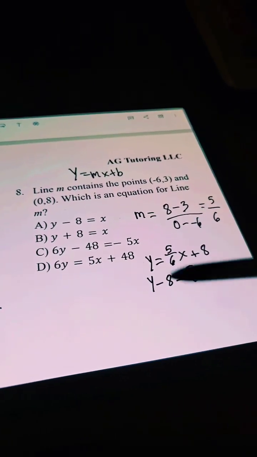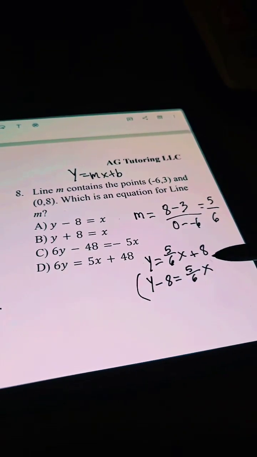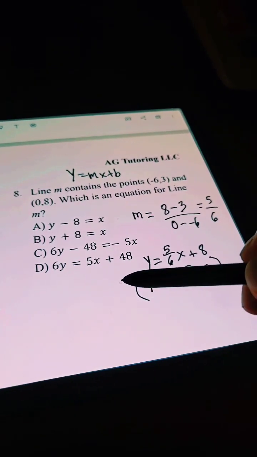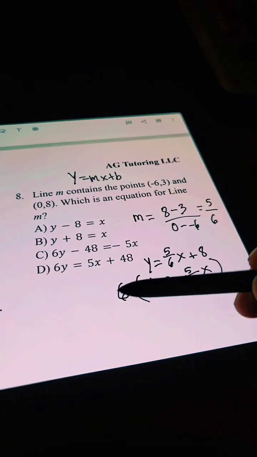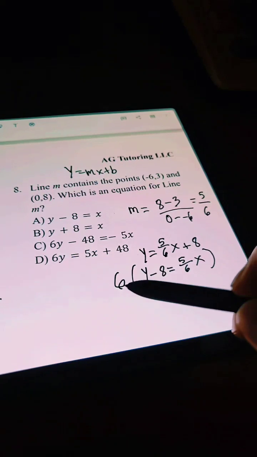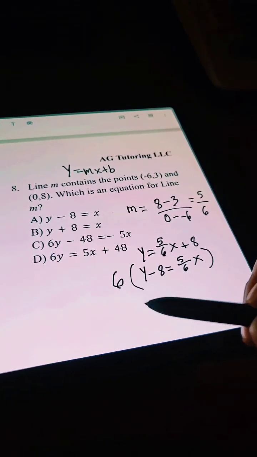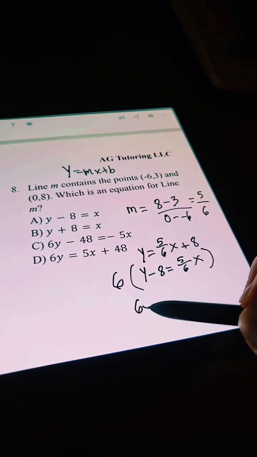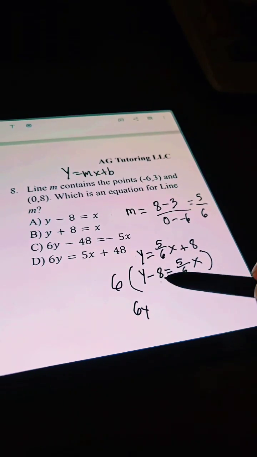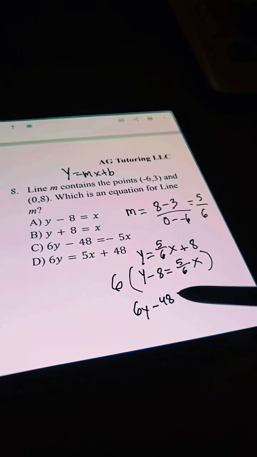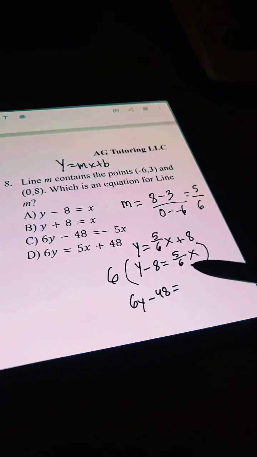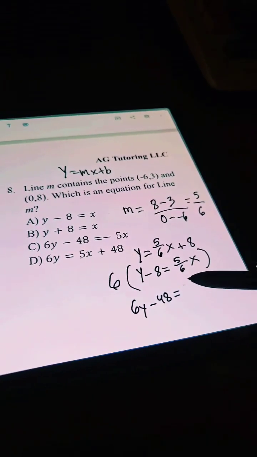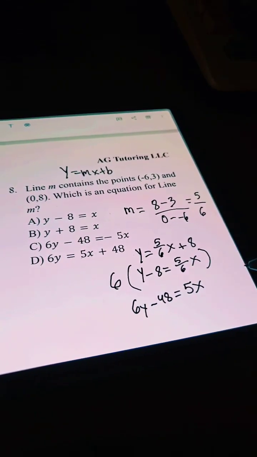So I'm going to multiply by 6 so that the 6 and 6 cancel out, but I have to multiply the whole entire equation by that. So 6 times y is 6y. 6 times -8 is -48. And then 6 times 5/6 x, the 6's cancel out, so I just have 5x.